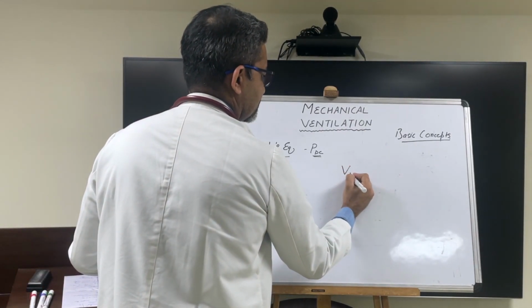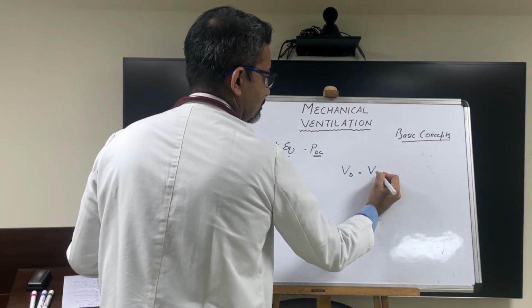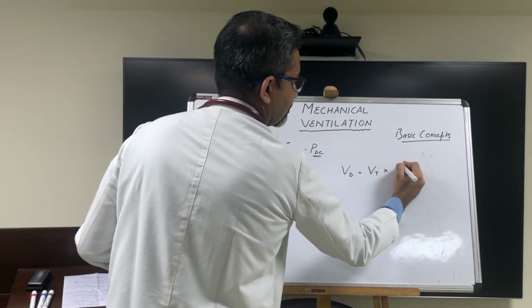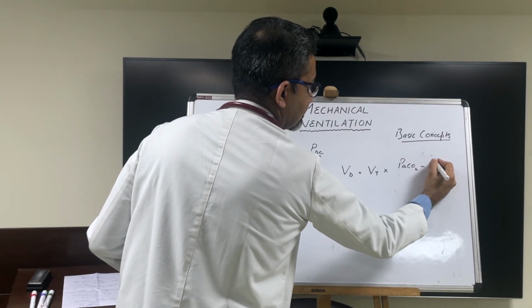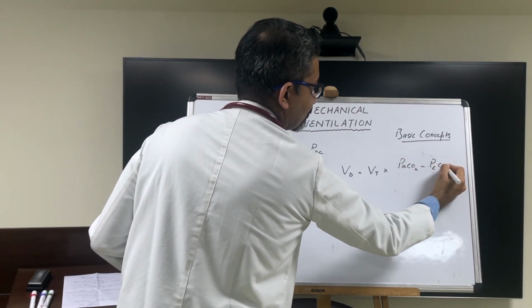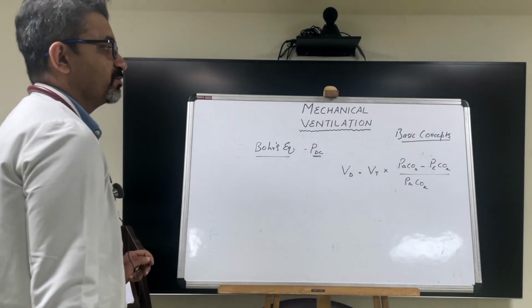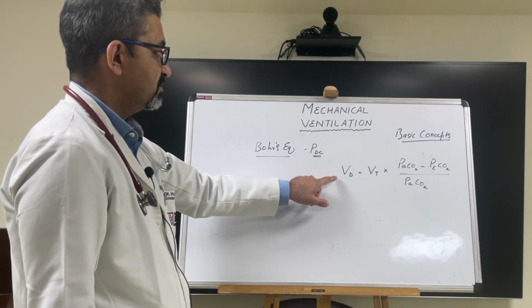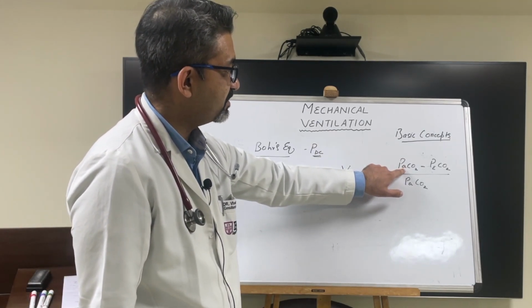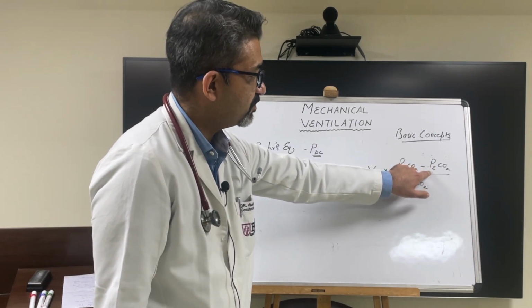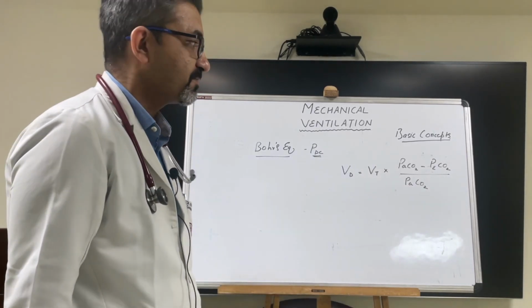Dead space is equal to tidal volume multiplied by PaCO2, the arterial partial pressure of CO2, minus the partial pressure of CO2 in expiratory air, divided by PaCO2. So by this Bohr's equation, you can calculate the physiological dead space. This is tidal volume, this is partial pressure of carbon dioxide in artery, this is partial pressure of carbon dioxide in expired air, divided by partial pressure of carbon dioxide in your artery.